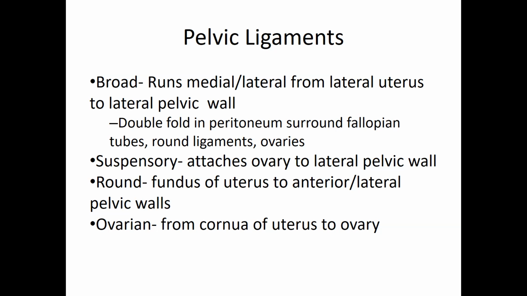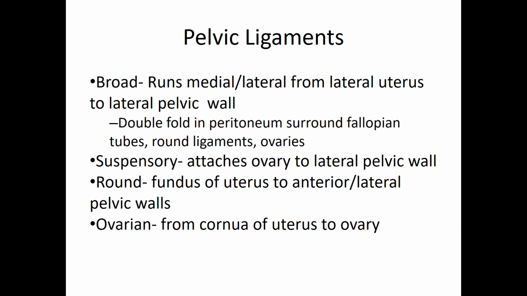Then we have one that goes from the fundus of the uterus to the lateral pelvic wall. It's called the round ligament. Don't confuse this with the other round ligament you learned with the liver. You remember that one? That one runs from the left portal vein to the umbilicus. That's also a round ligament, a different round ligament. Why did they not name them different things? Who knows? I didn't make this up.